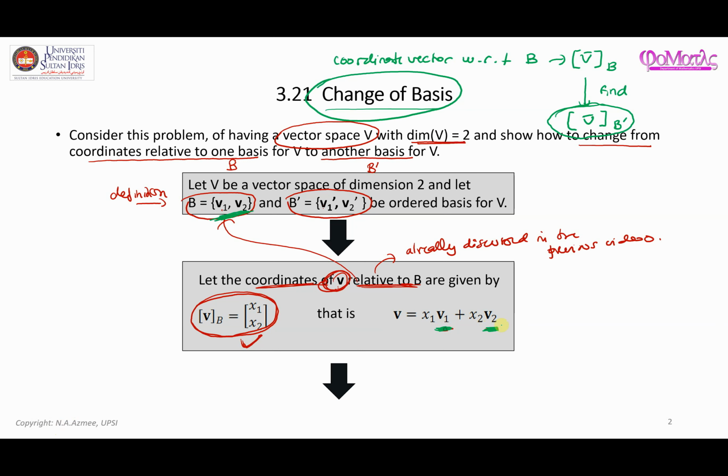You are looking for the linear combination of these two vectors from this basis, with scalars next to them. So you're saying that vector V is a combination of V1 and V2 from this basis, a linear combination with a scalar right next to vector 1 and vector 2. That was already discussed in the previous video.